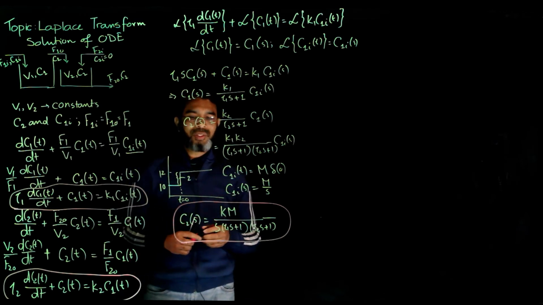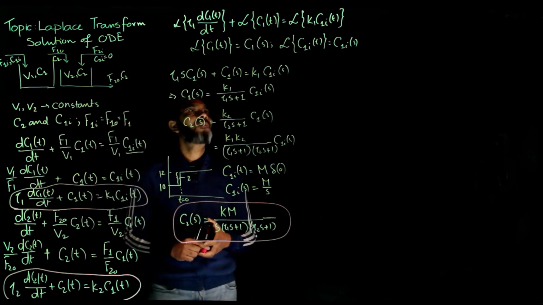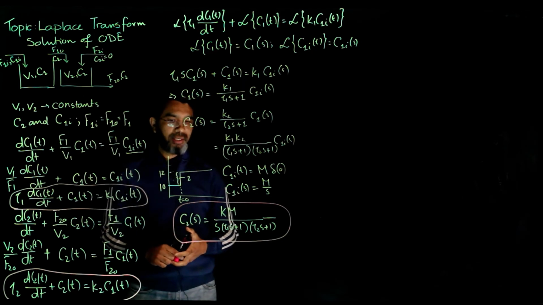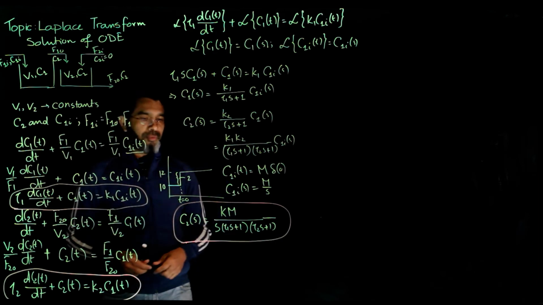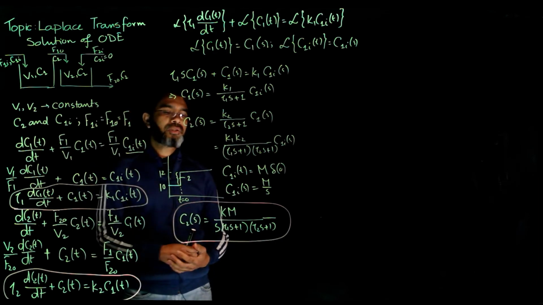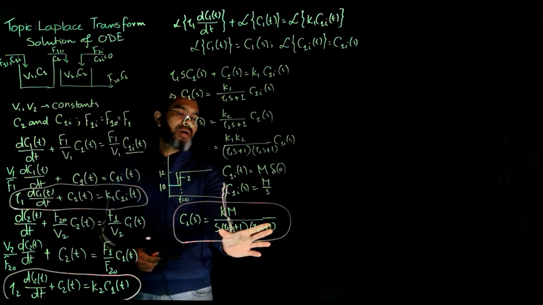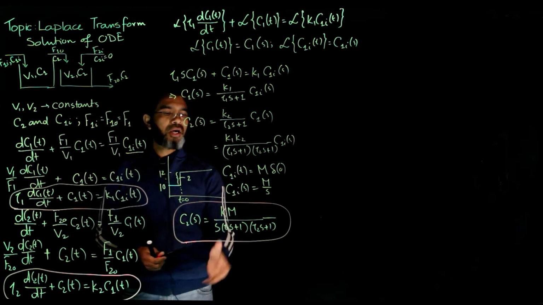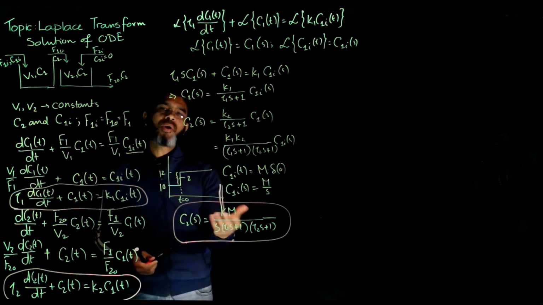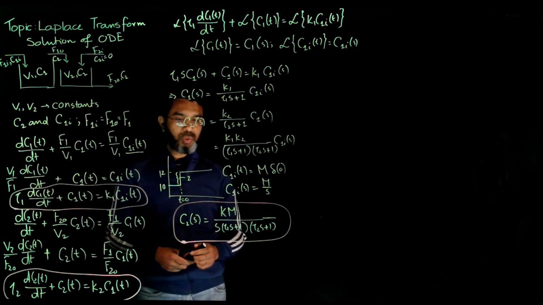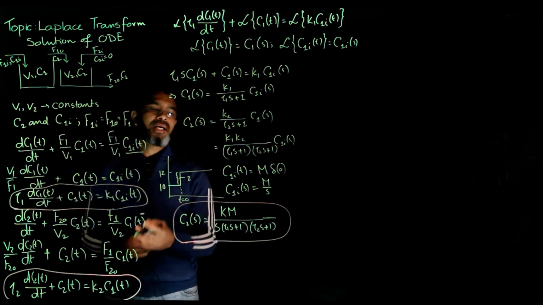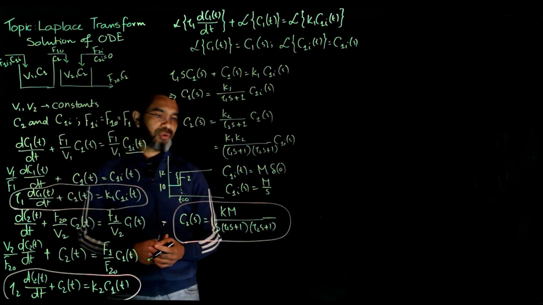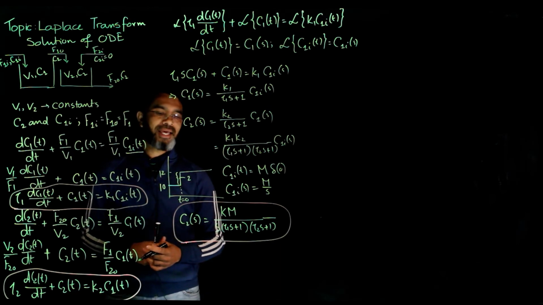And to get the expression in the time domain, that will require the use of what is called the inverse Laplace transform. Now for this case, to get it back to the time domain, if you know the inverse Laplace of this entire term, we can directly get it. Or if you don't know the inverse Laplace of this term, we can use the partial fraction expansion to express it as a summation of three different terms, and you can take the inverse Laplace transform to get the expression back in the time domain.